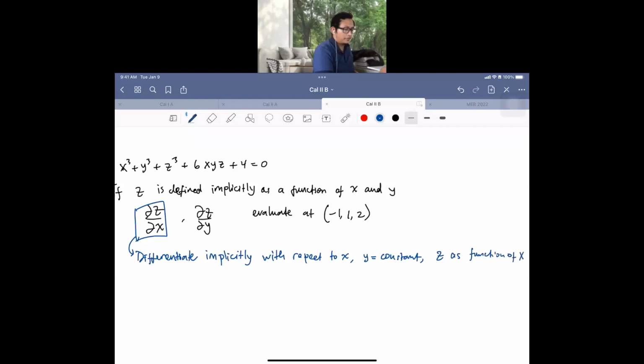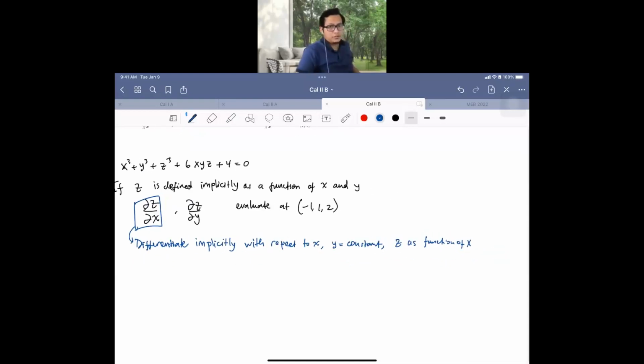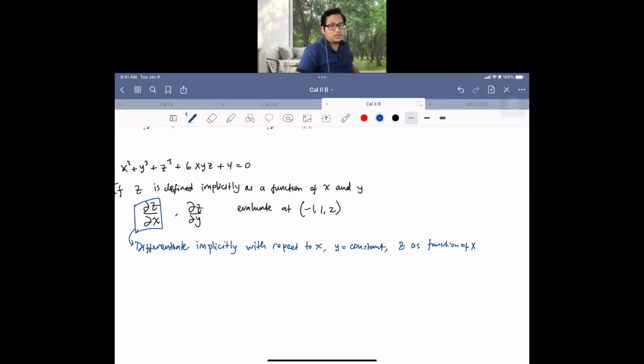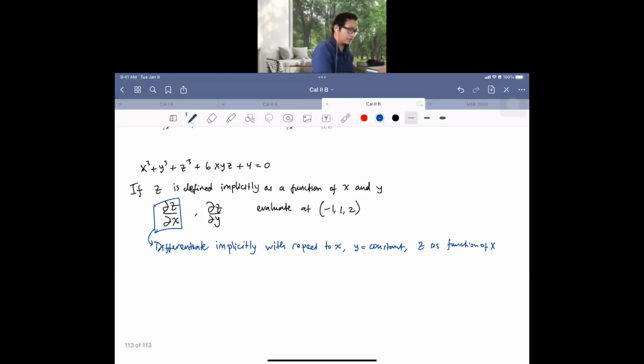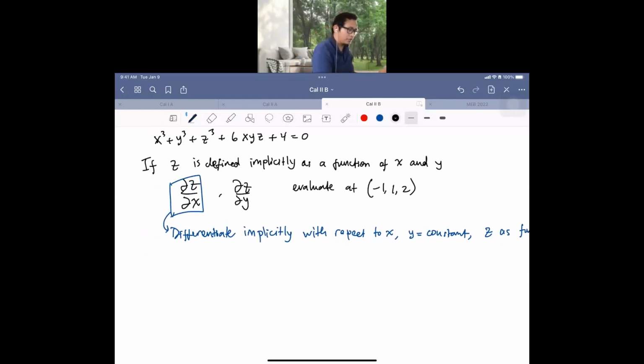So what is the implication of these wordings? Basically, it will be similar to what we have done in implicit differentiation, but now whenever you see z, you need to derive z in terms of dou z over dou x. Okay, let me write down the full equation first.